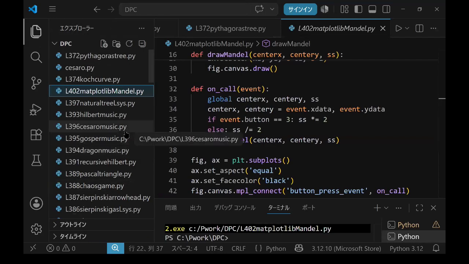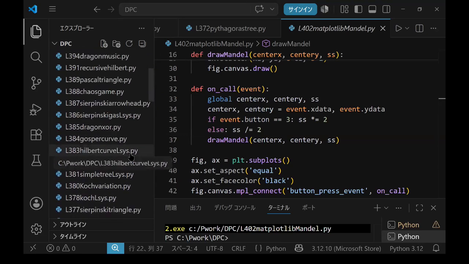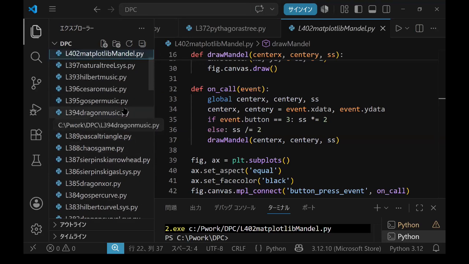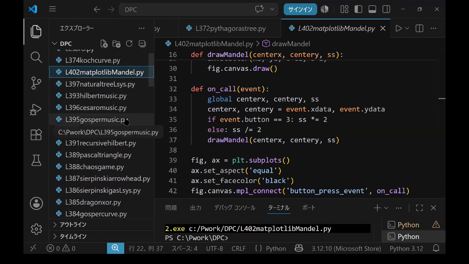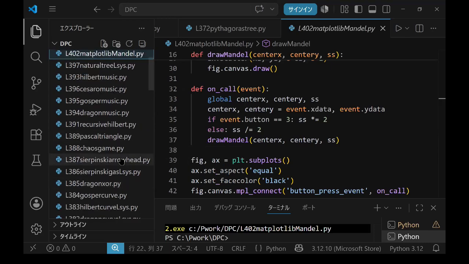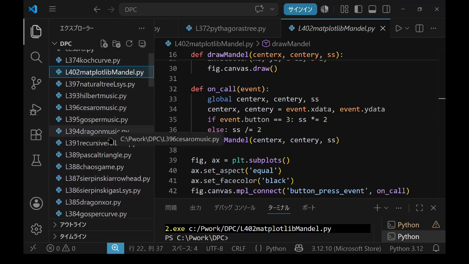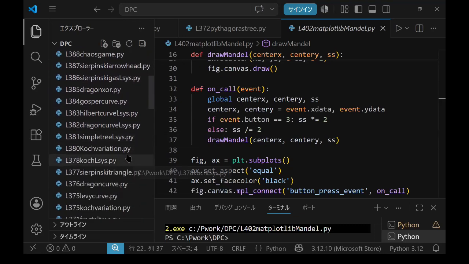So if you see the Sierpinski carpet, Sierpinski gasket, chaos game, Cesaro, natural symmetry. Okay, you can try yourself if you are interested.